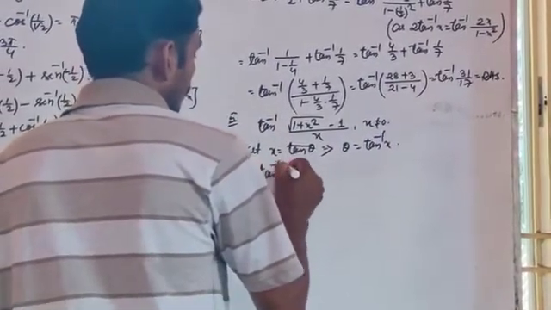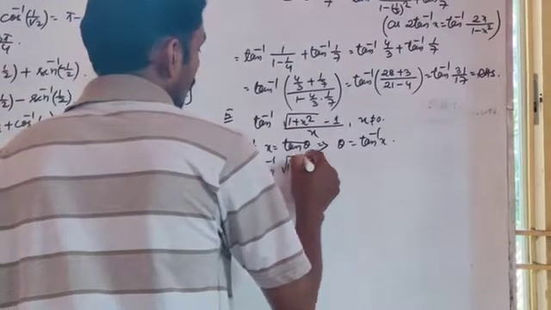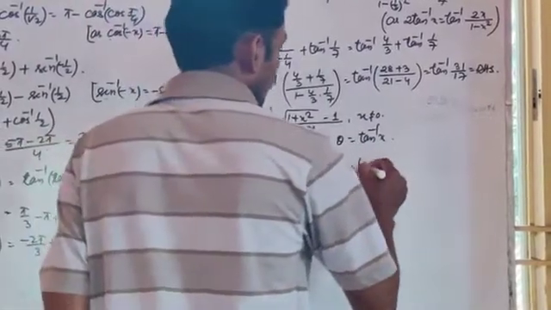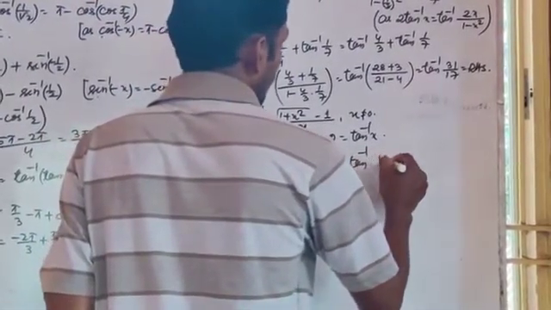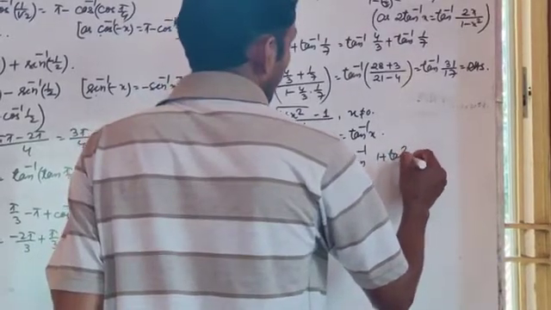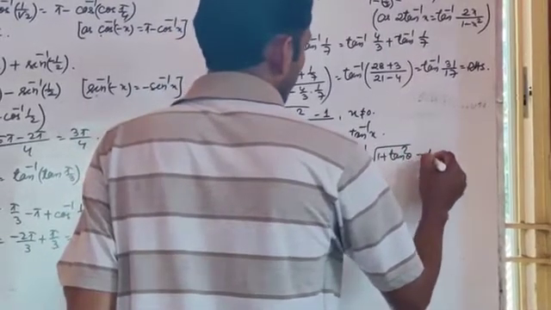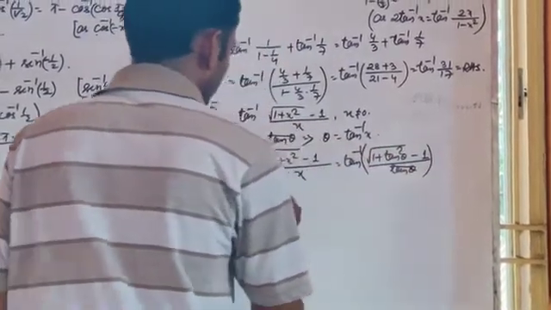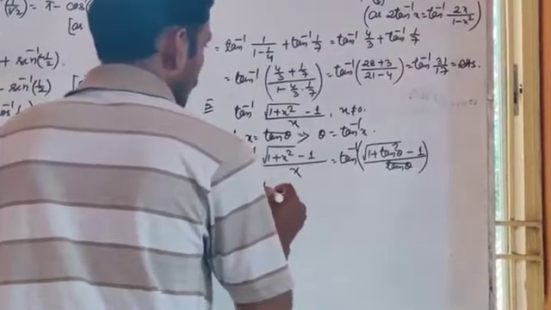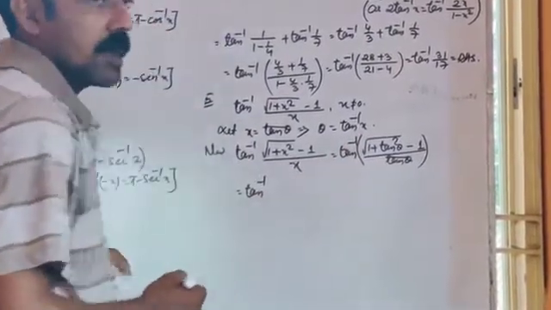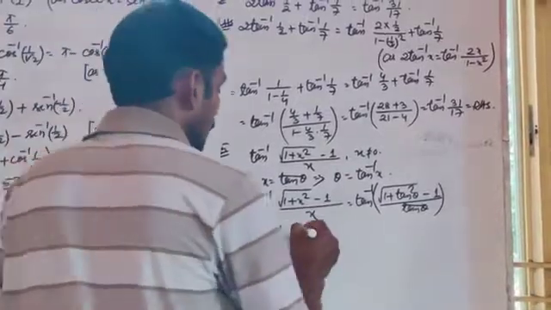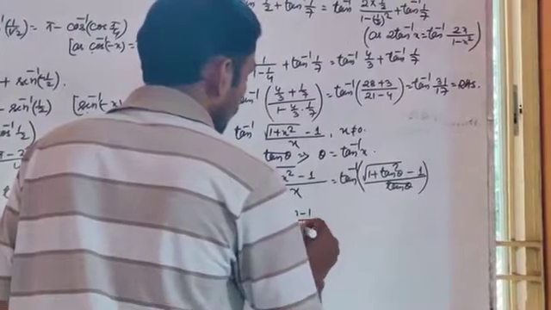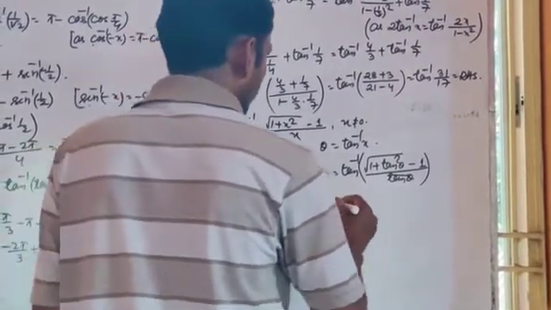Now tan inverse of square root of (1 plus x square) minus 1, whole divided by x. Putting the value of x as tan theta, it is tan inverse of square root of (1 plus tan square theta) minus 1, divided by tan theta. That is tan inverse, 1 plus tan square is sec square, the root is sec theta, minus 1, by tan theta.